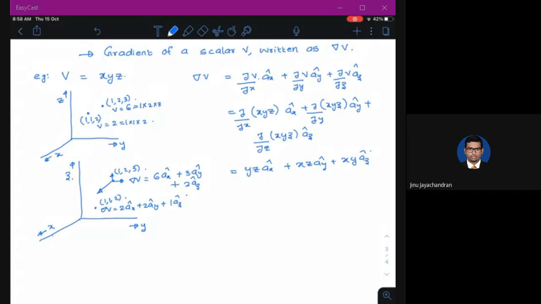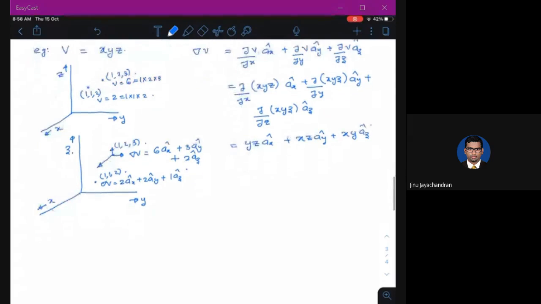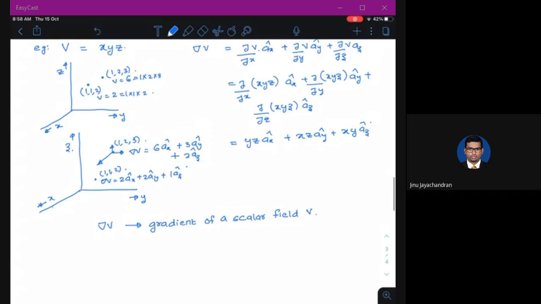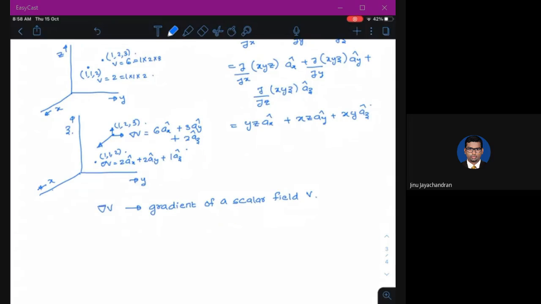And when you do the operation del on the scalar, this is called the gradient of a scalar field. Field means you have multiple points. So del v is called the gradient of a scalar field v.